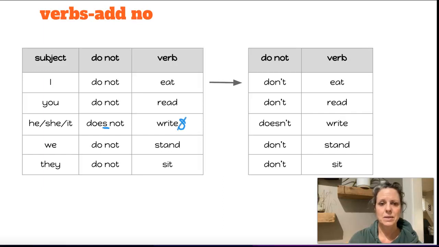We do not need an S because it is here. So he doesn't write. She doesn't write. All right. We do not stand. We don't stand. And they do not sit. They don't sit.